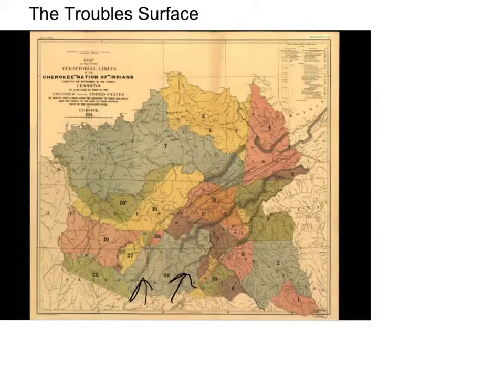Georgia was also enforcing their state laws on the Cherokee citizens. In doing this, they were disrespecting the Cherokee land and citizens.